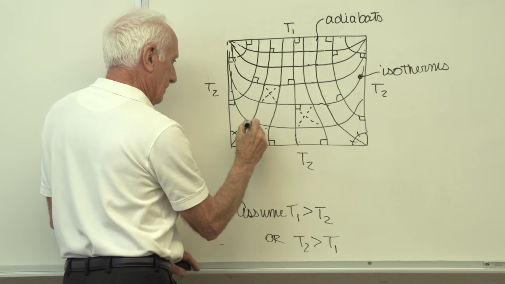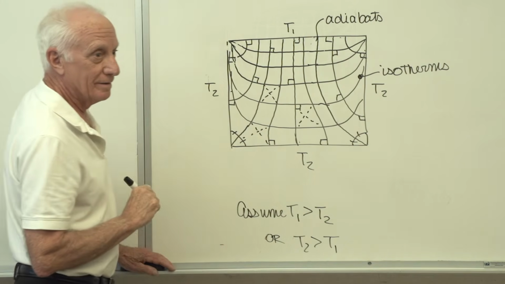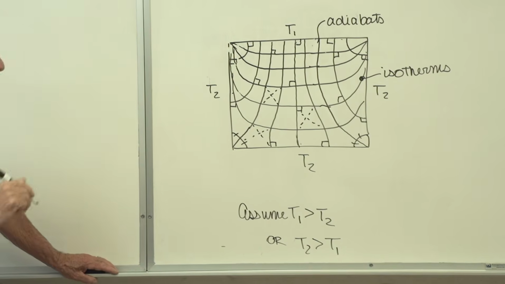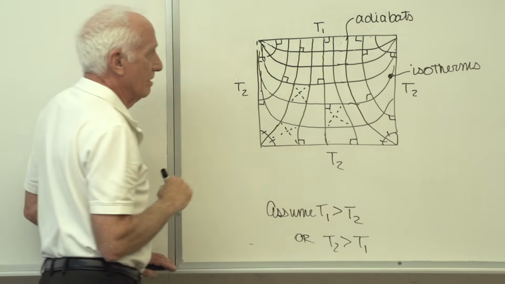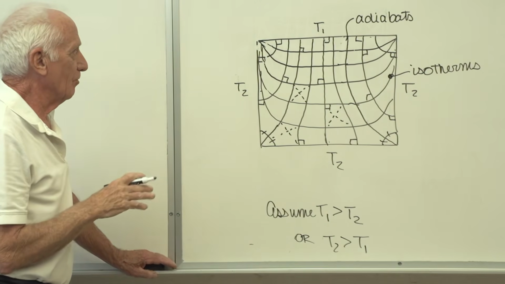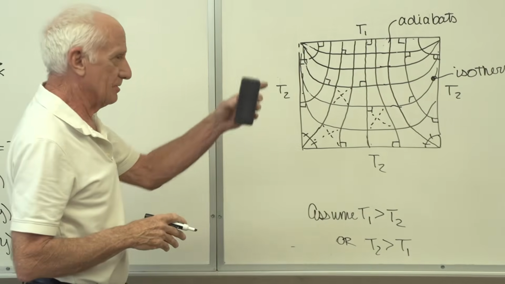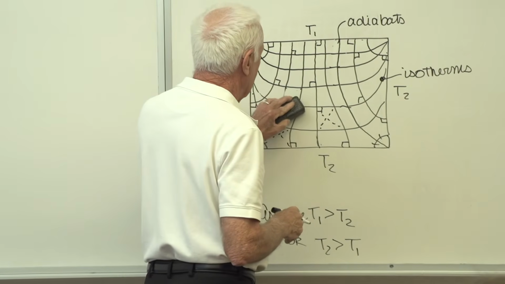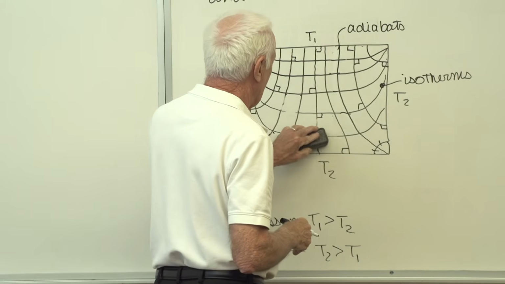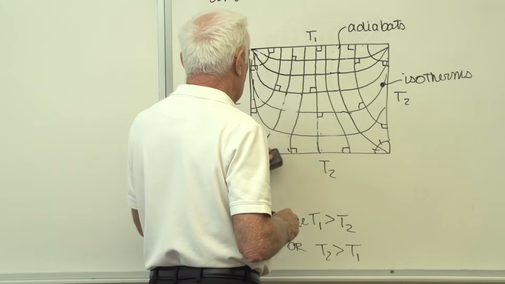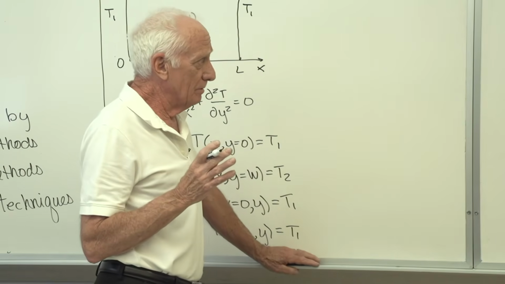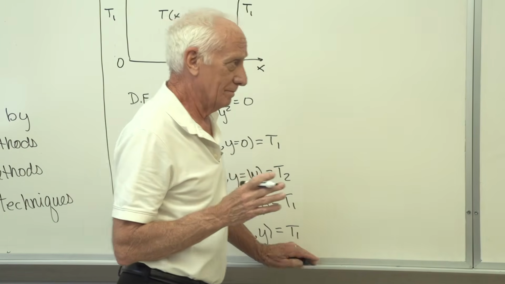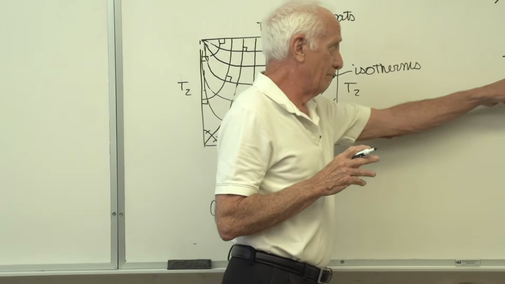Good. You're never going to get up in that corner, so don't worry about that corner. Close to that corner, you check several places. If you're not happy, get out your big eraser, erase it, and try again, until you say, oh gosh, I worked on it for 10 minutes, I'm tired, it's pretty good, I'm going to stop here. Okay, I understand. Do your best job, though. The closer you get to drawing curvilinear squares, the better that Q will agree with the exact answer.